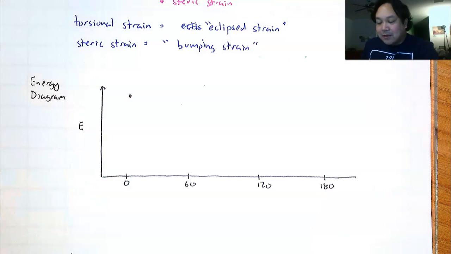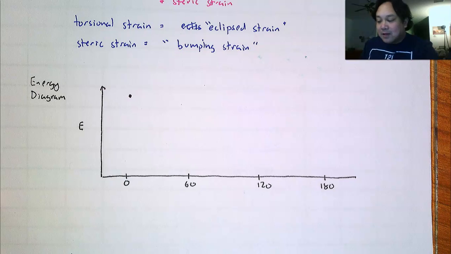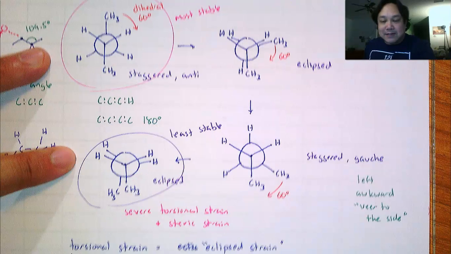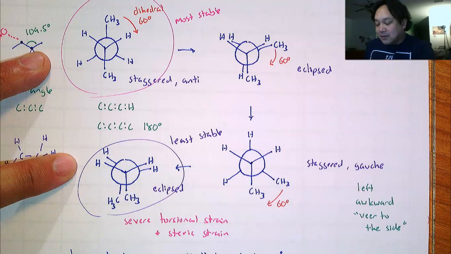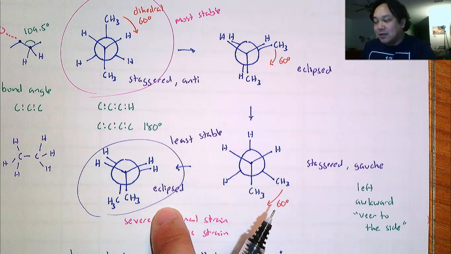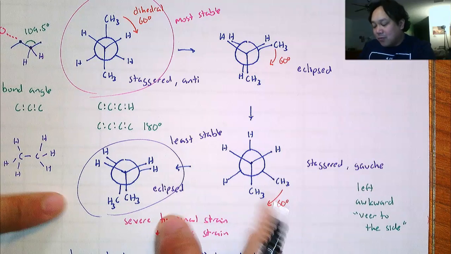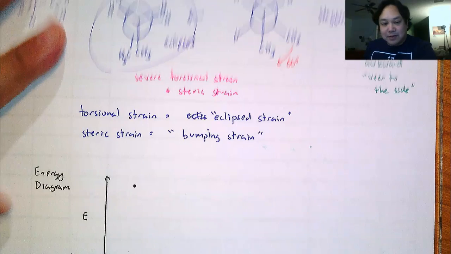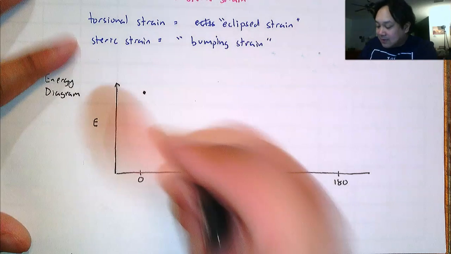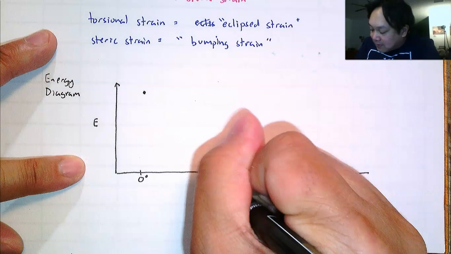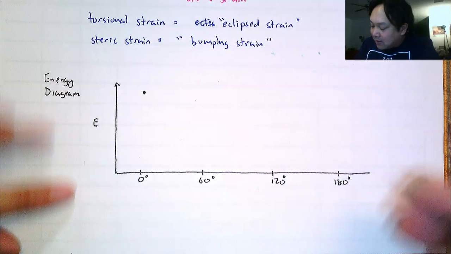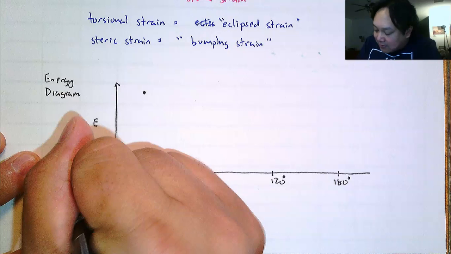So think about which of our 4 molecules has the highest energy. It's the one that's least stable. High energy, least stable. So why did I put 0 down at the axis? 0 degrees, 60 degrees, 120, 180. These are, again, dihedral angles.